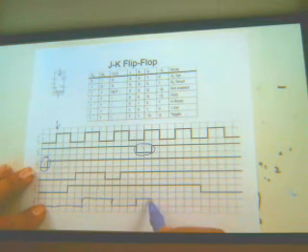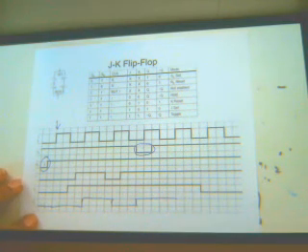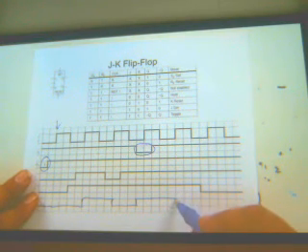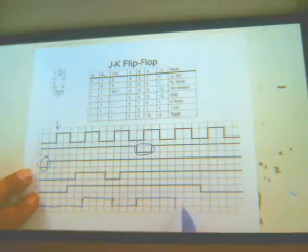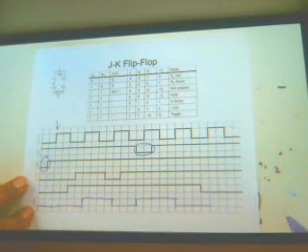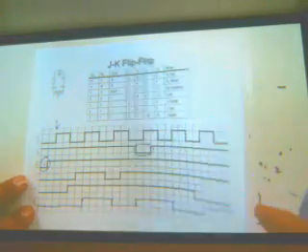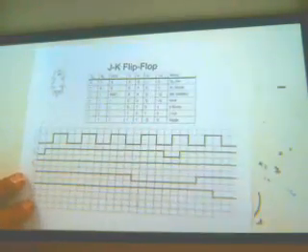Go to the next leading edge here. So J is 1, K is 1, so what do we do? Toggle. Let's go to the next leading edge. 1, 0, what should this be? Good. I have one more, just a different JK flip-flop.